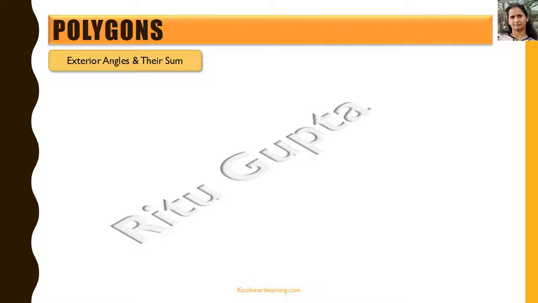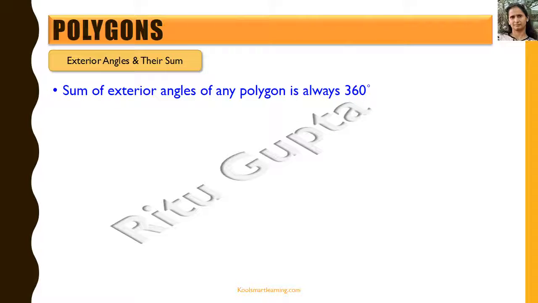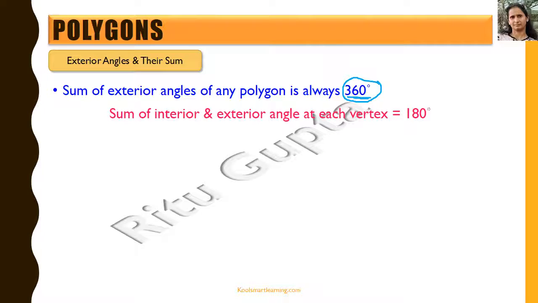Now let's find out the exterior angles and their sum. This is very, very important. The sum of exterior angles of any polygon is always 360 degrees. Let's see how we arrive at this.